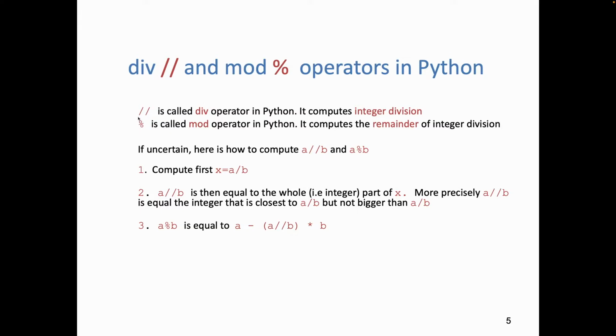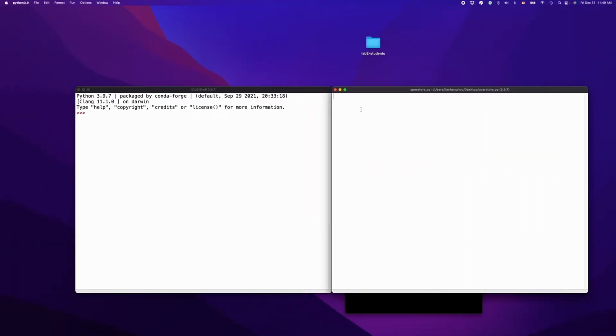To understand the double forward slash operator, you need to understand the floor of a real number first. The floor of a real number is the largest integer that is less than or equal to the real number. Let's try an example.